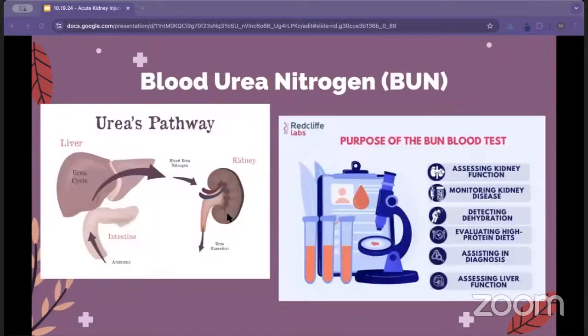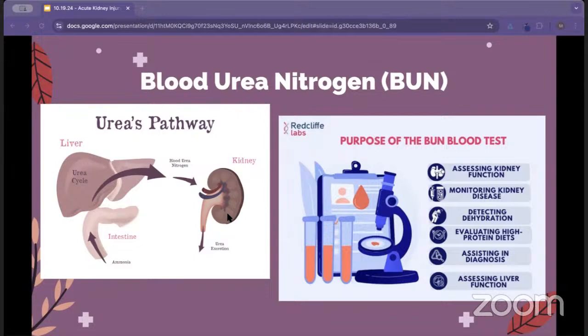Now there's also blood urea nitrogen, like I talked about before, BUN, not bun, BUN. I know a lot of people sometimes say, oh, the bun. No, it's BUN. If you remember from metabolism or biochemistry classes, urea is produced when the liver breaks down protein, and that's another waste product that's filtered out by the kidneys.